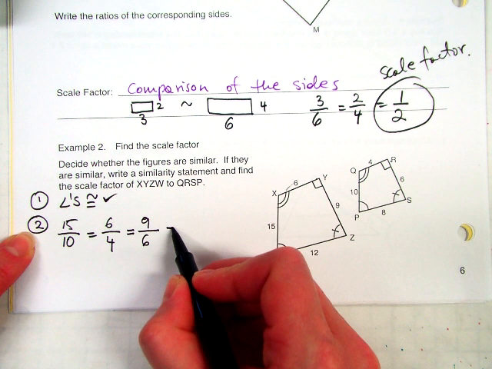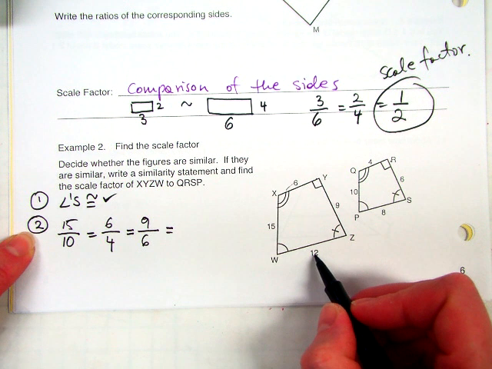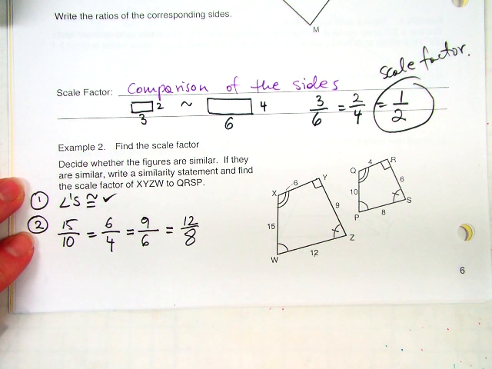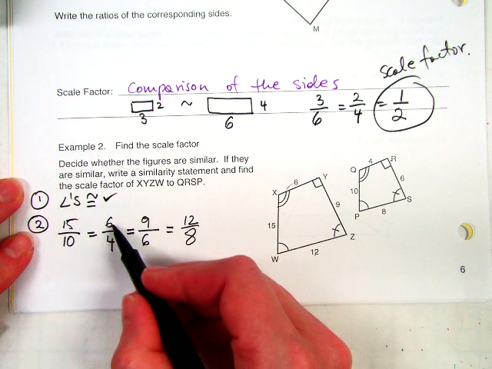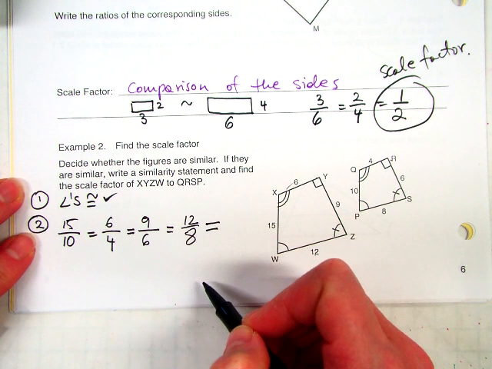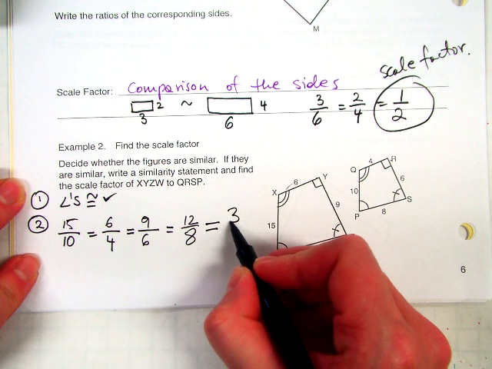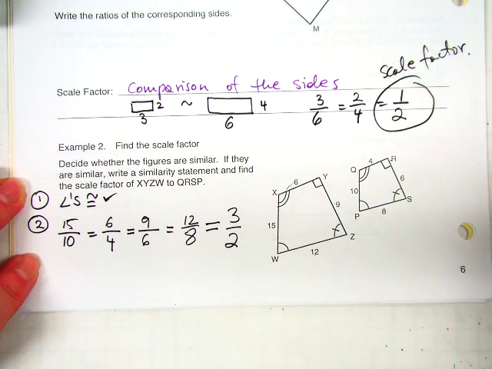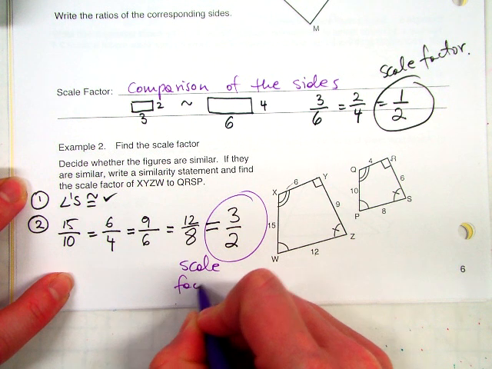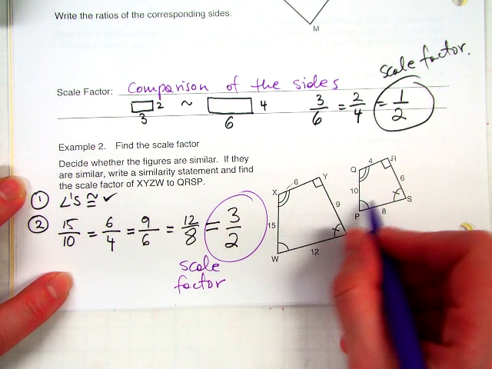And then is that going to be the same as 12 over 8? Now, using your calculator, if you were to reduce 15 over 10, 6 over 4, 9 over 6, 12 over 8, all of those reduce to 3 over 2. And this is the scale factor between those two quadrilaterals.